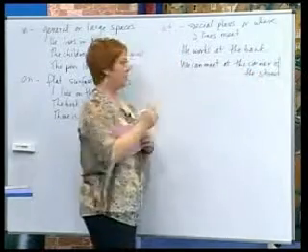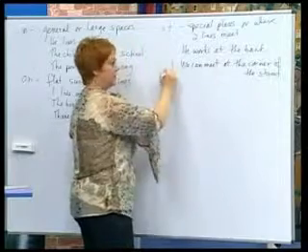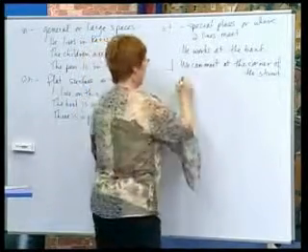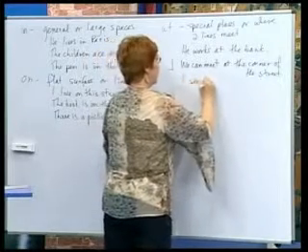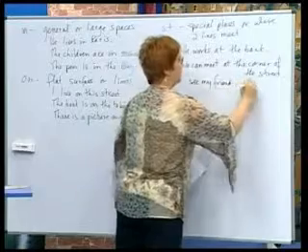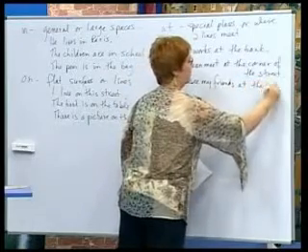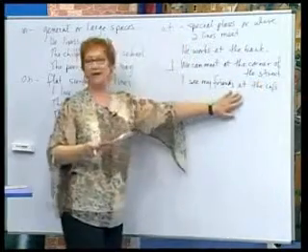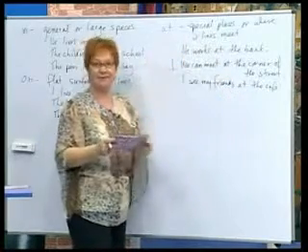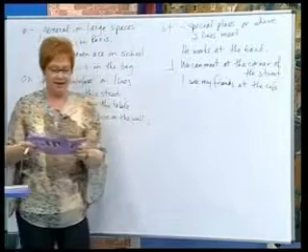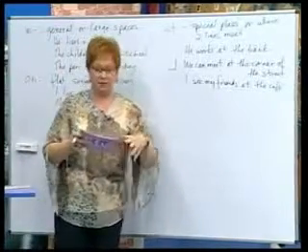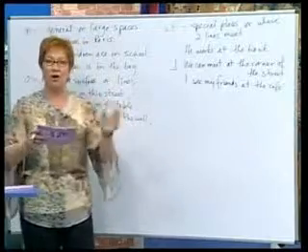And remember, the corner is where two streets meet. And I see my friends at the cafe. This also is a special place. Now, we can talk about these prepositions when we talk about where objects are.